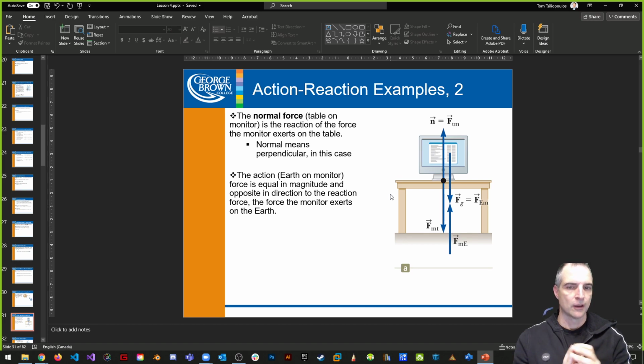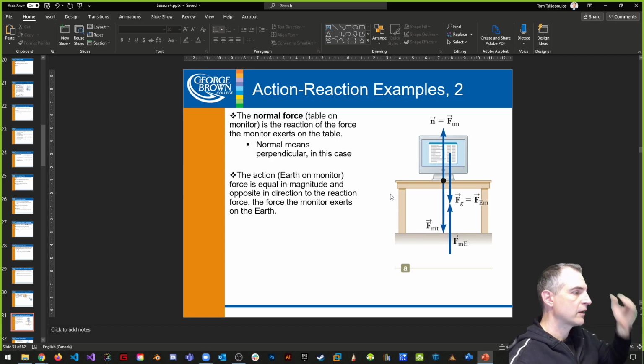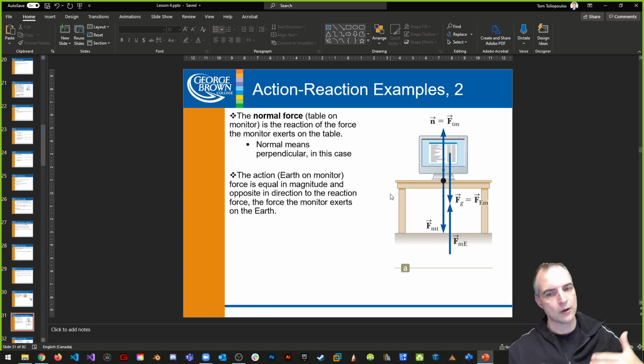In other words, our normal force is equal to the force of gravity. Those two forces are equal. Why? Because the monitor is in equilibrium. It's not falling through the table.